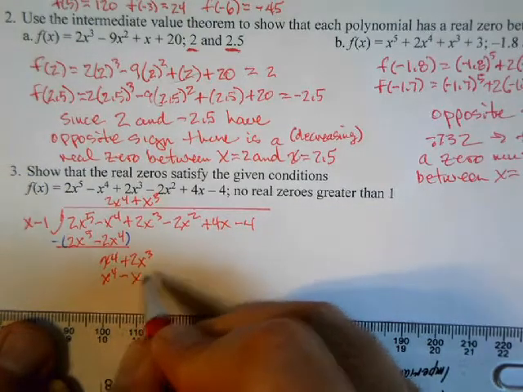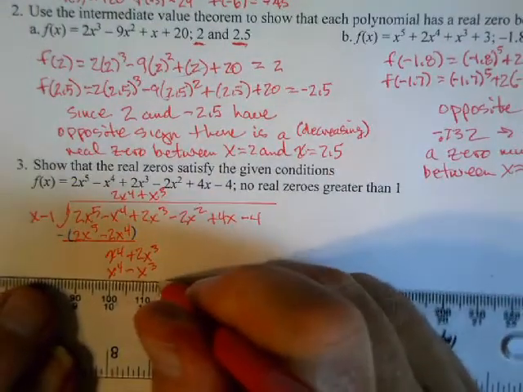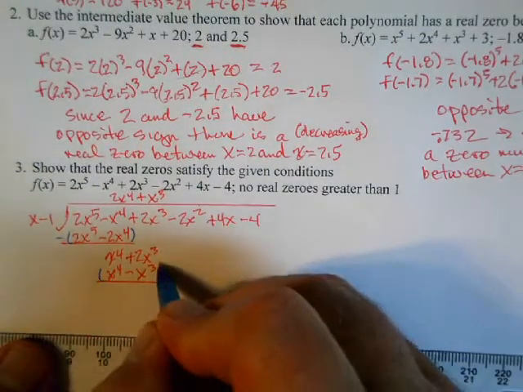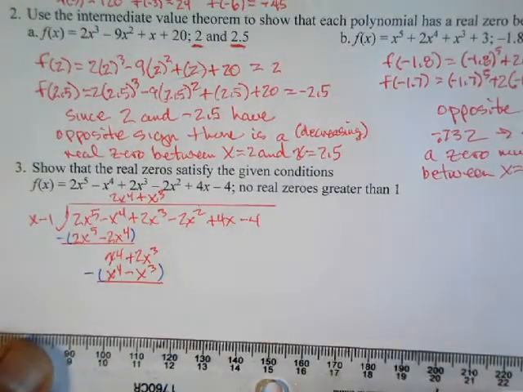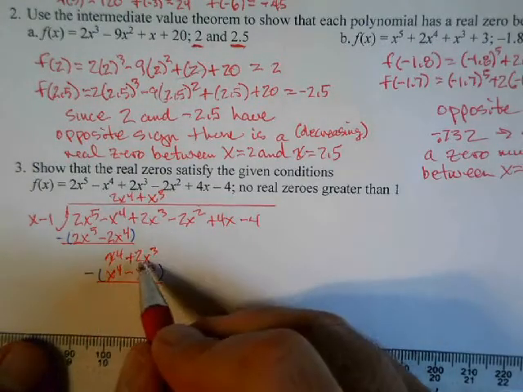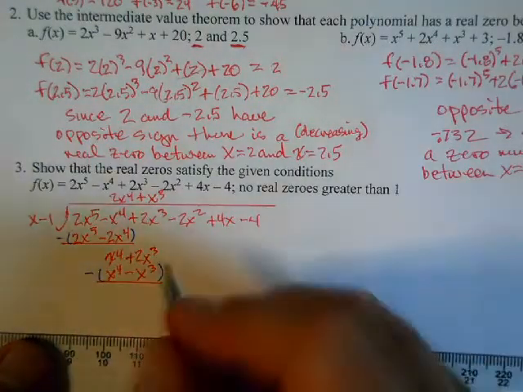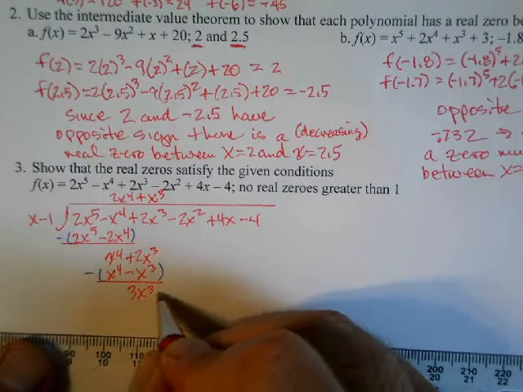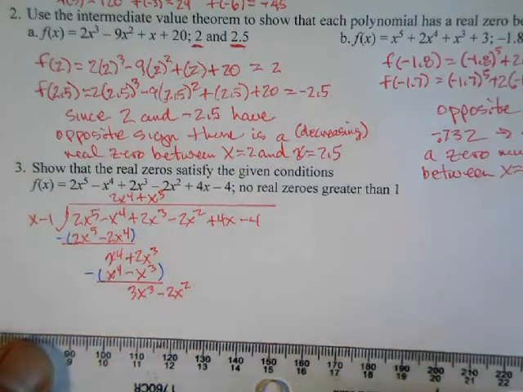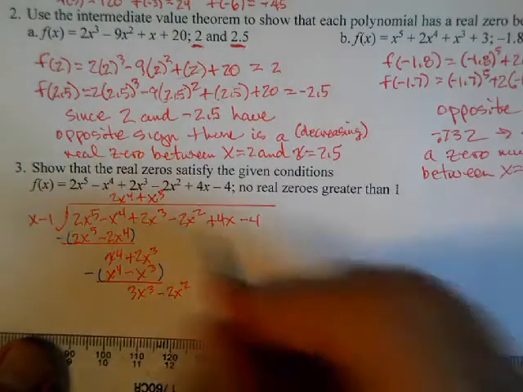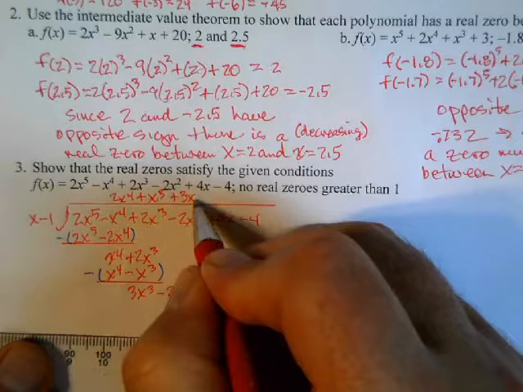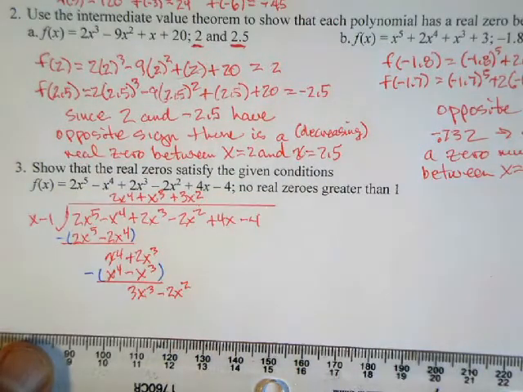So now I'm going to subtract those out. The x to the 4th will be gone. 2x cubed minus x cubed. Well, actually, 2x cubed subtract a negative becomes add. So that'll be 3x cubed. So now I need a 3x squared. So that'll give me 3x cubed minus 3x squared.